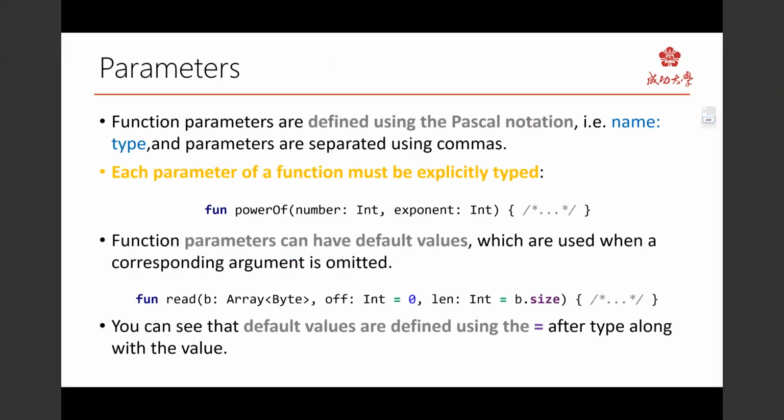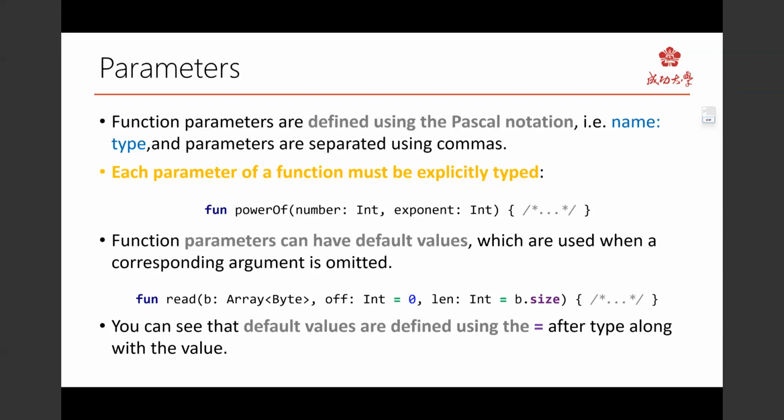In other words, names of the parameters and their types are separated by colon, and parameters are separated using commas. Again, each parameter of a function must be explicitly typed. You must tell the data type of a parameter to the compiler, otherwise it's going to complain.